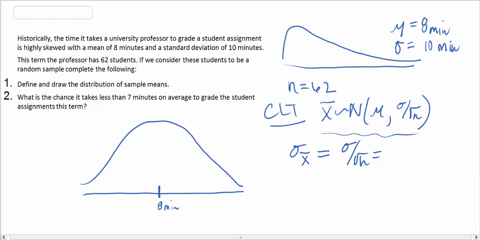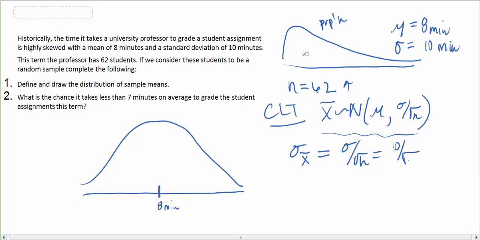And so because our sample size is 62, even though we have a skewed population distribution up here, we know from the central limit theorem that n is big enough, greater than 30 is kind of the rule of thumb, that the sampling distribution of our sample means will still be normal, which is awesome.